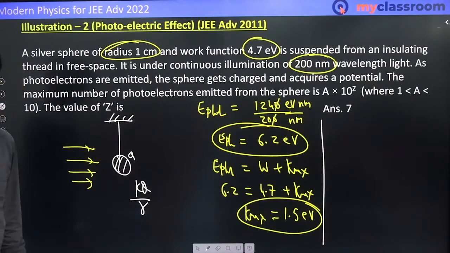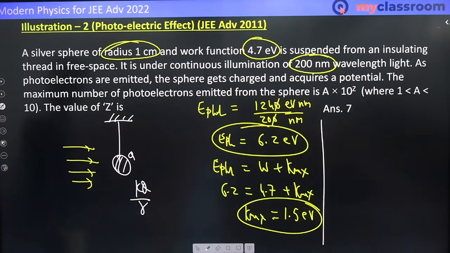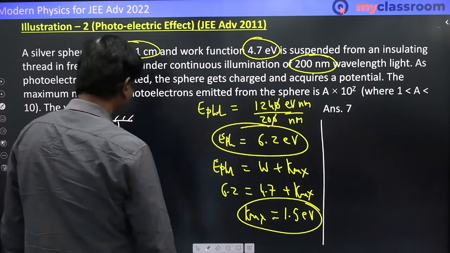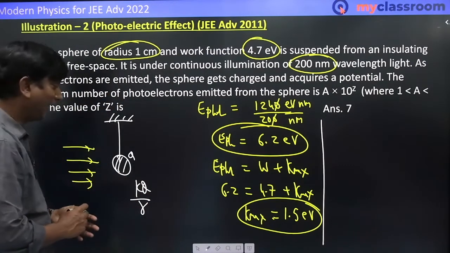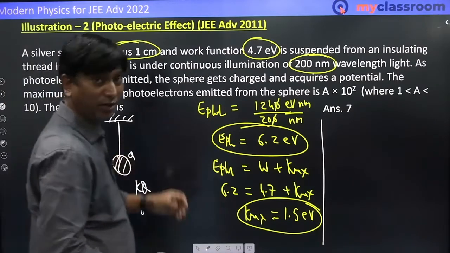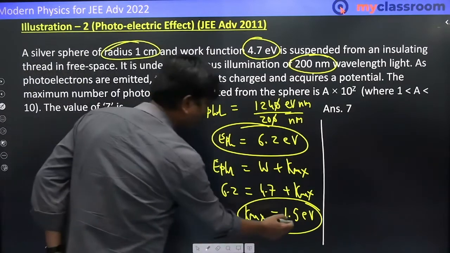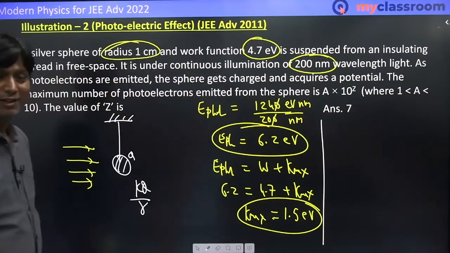K is 1 by 4 pi epsilon naught, which is 9 into 10 power 9. Q is the positive charge it has acquired, and R is the radius of that sphere. So this is the potential, and suppose you take an electron, it will have a kinetic energy of this, right?